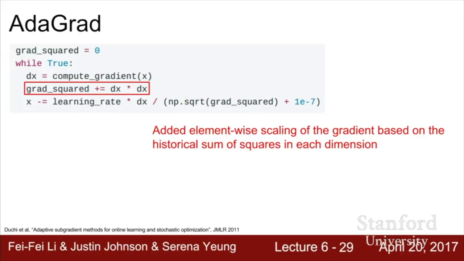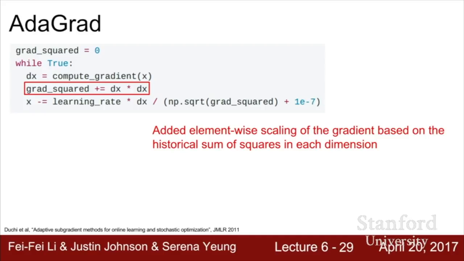So another common optimization strategy is this algorithm called Adagrad, which John Duchi, who's now a professor here, worked on during his PhD. The idea with Adagrad is that during the course of the optimization, you keep a running sum of all the squared gradients that you see during training.